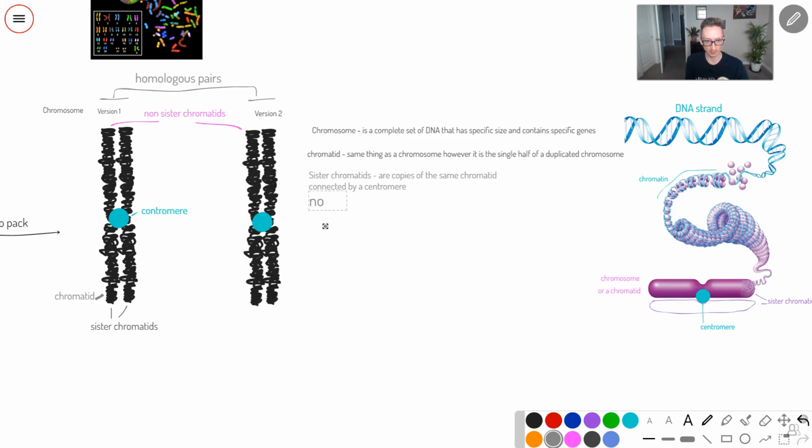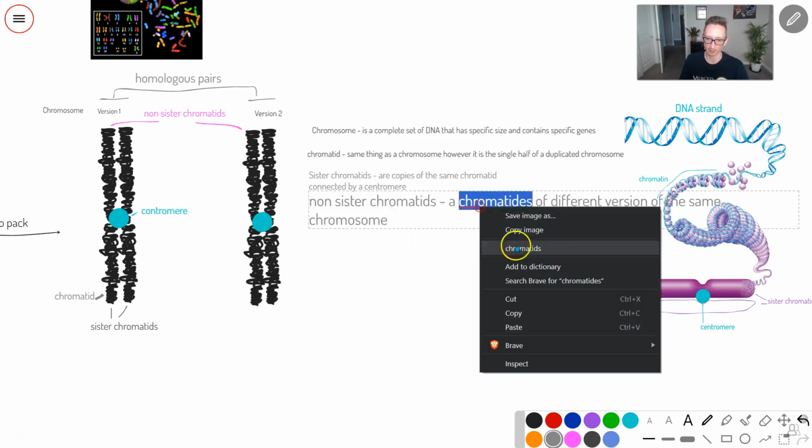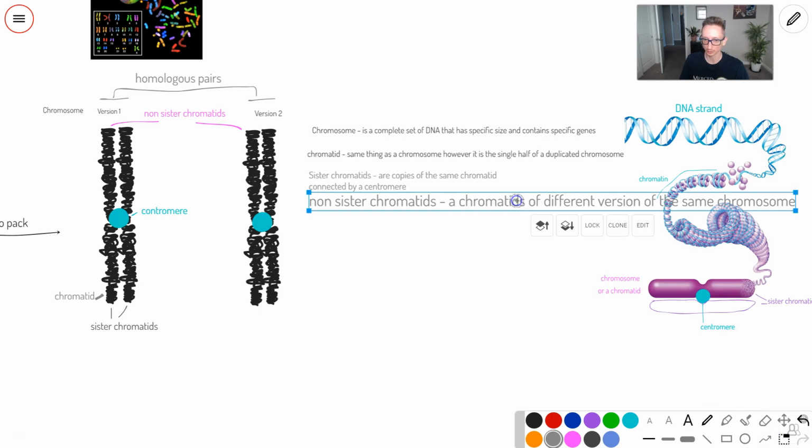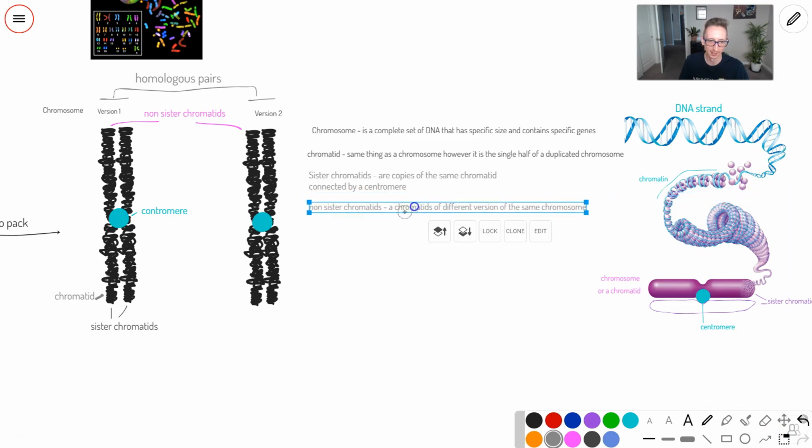I'll do non-sister chromatids too. Non-sister chromatids are chromatids of different versions of the same chromosome. I feel like I'm just going to be confusing everybody, but that's okay. Don't worry about it. Okay, that's a non-sister chromatid.